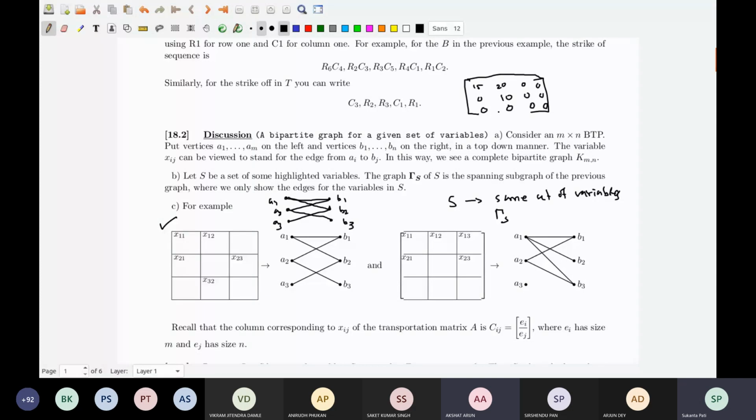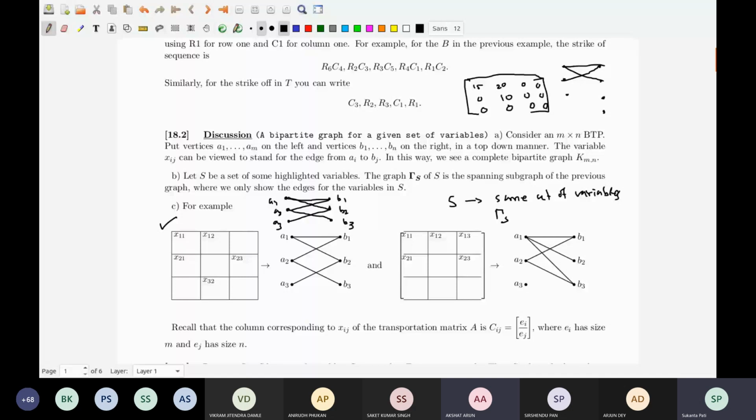And then what I really see immediately from here is, you remember the LPP thing, a feasible solution is a BFS if the columns corresponding to the positive entries are linearly independent. So here, what are the positive entries? Now x11, then x12, then x21. Are they linearly independent? Yes, linearly independent. BFS.